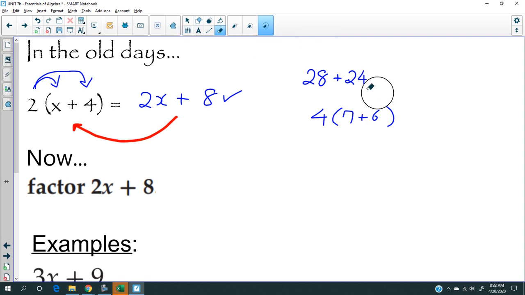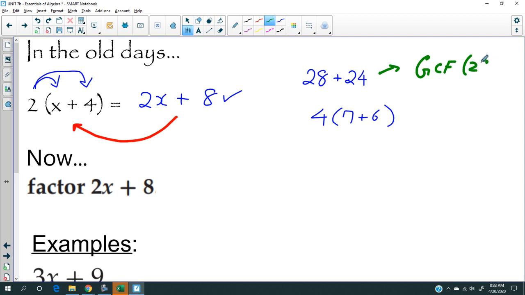The method of doing this was to get the GCF between 28 and 24, which is 4, and then divide both these terms by 4. Hence the 4 goes outside, and here you have 7, and here you have 6.